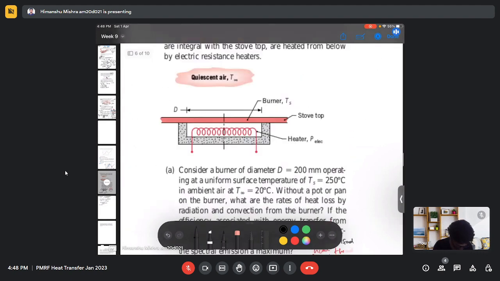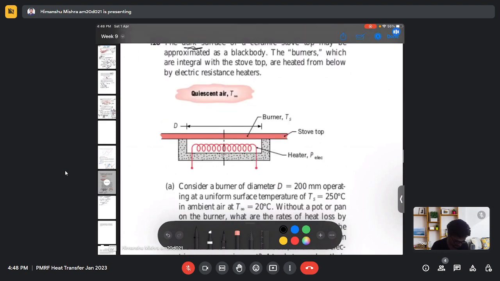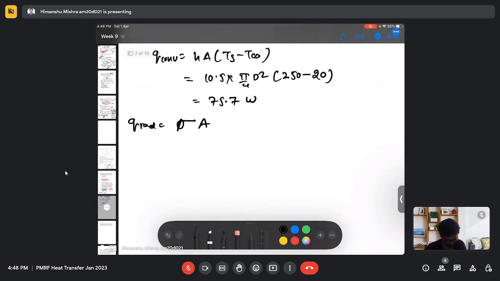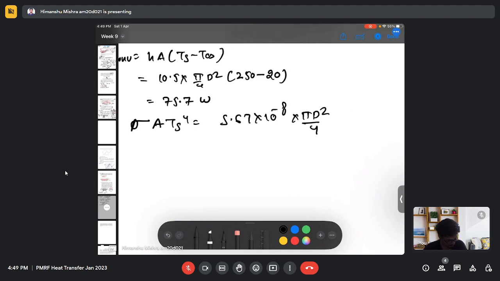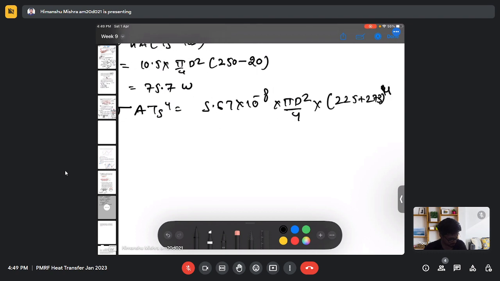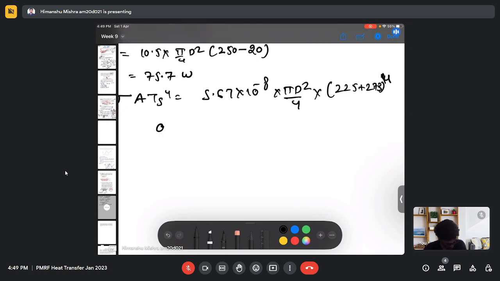and it's a dark surface, which means that emissivity is 1, T_s to the power 4, which is 5.67 times 10 to the power -8 times pi d square by 4 multiplied by my surface temperature in Kelvin to the power 4. So my heat transfer due to radiation on solving this will be 133 watt.